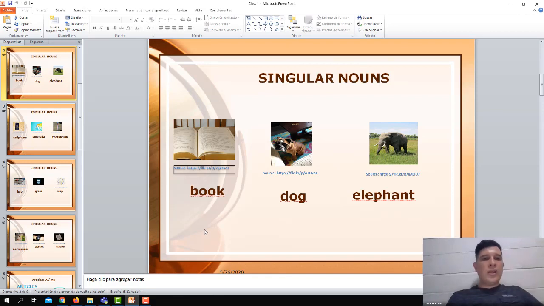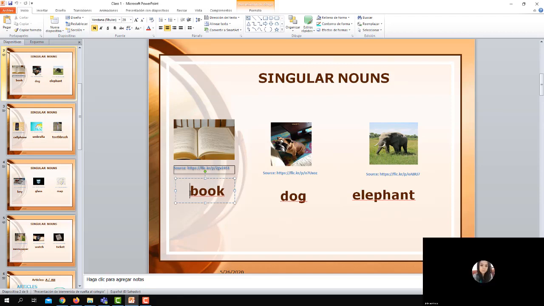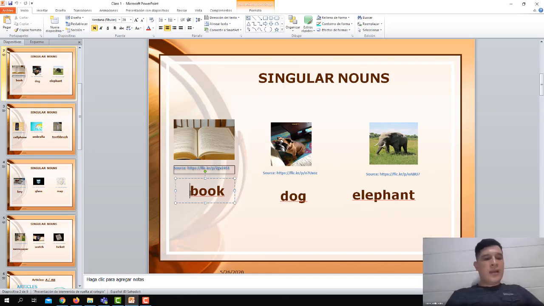So what do you think that we're going to add in the first one? A or an? ¿Qué creen que vamos a agregar en la primera? A o an? A. That's correct. And then we say a book.